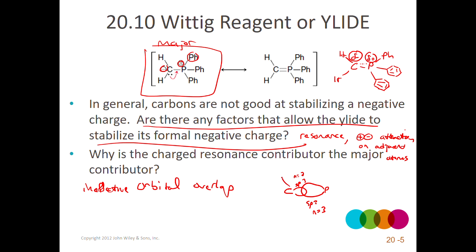So when the p orbital of the carbon and the p orbital of the phosphorus, which is the 3p, try to overlap, they're not close enough, and the carbon's p orbital is smaller and more compact, so it would overlap with the thinner part of the p orbital rather than the meatier part of it.